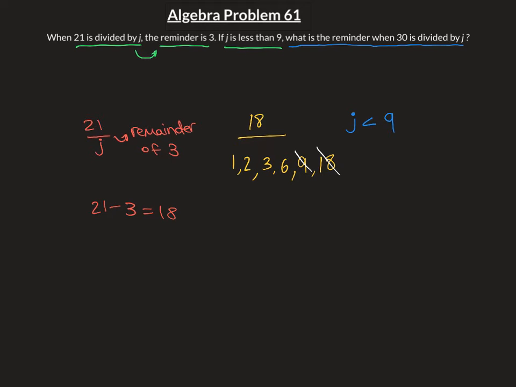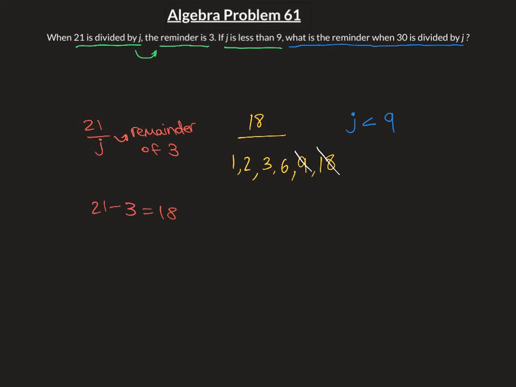And remember, it's saying j is less than 9, not j is less than or equal to 9. J has to be less than 9, therefore j cannot be 9. So we've knocked out 9 and 18, and we're left with 1, 2, 3, 6. Now what's the next step? Our next step would be simply to try all these combinations.